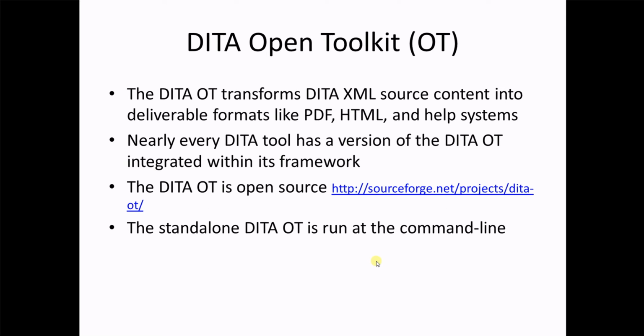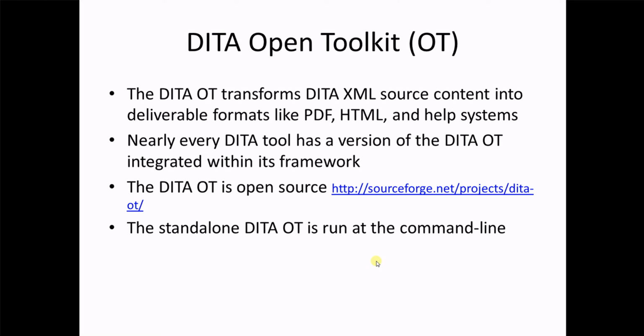Okay, so first thing you have to do is become familiar with the DITA Open Toolkit. The DITA Open Toolkit transforms DITA XML source content into deliverable formats like PDF or HTML or help systems, or in our case, into XLIFF. Nearly every DITA tool has a version of the DITA Open Toolkit integrated into its framework. The DITA Open Toolkit is located at the URL shown on the screen.